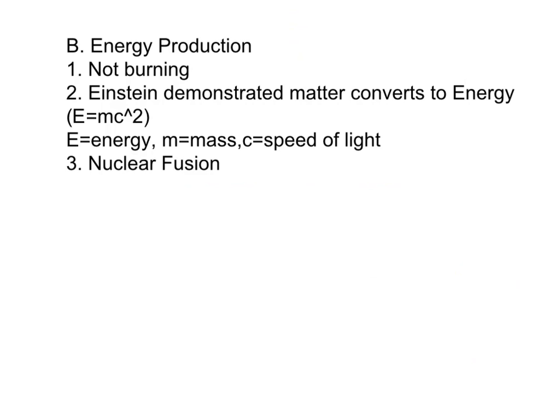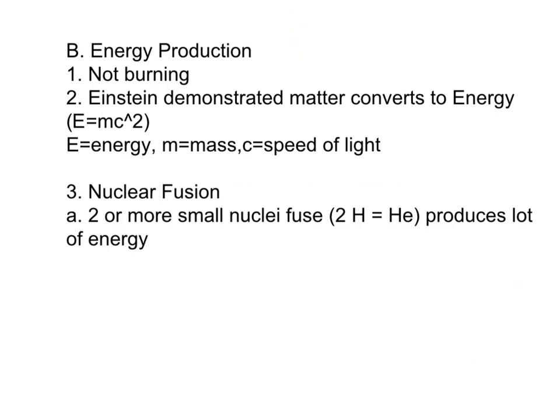This led us to a process that we now call nuclear fusion. This is a process where 2 small nuclei are going to do just that, fuse, meaning put together. For example, 2 hydrogen nuclei running into each other and producing helium.